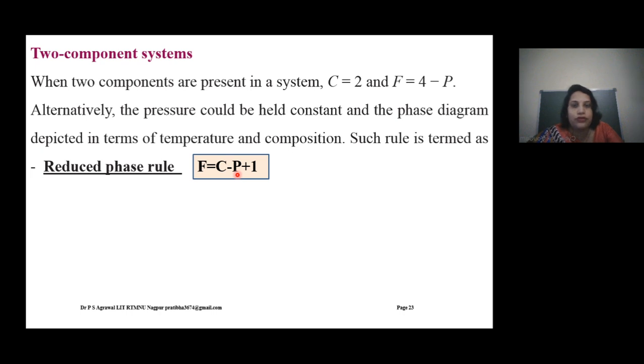So here we see that in the phase rule the degree of freedom comes as 3. So it's very hard to find out how to plot the phase diagram for a two component system on paper, because paper allows us to plot the graph of only two variables.